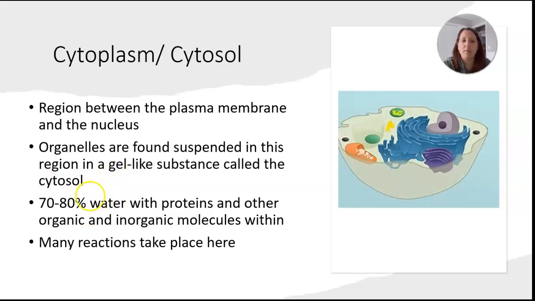Okay. If we were to look in the cytoplasm, we would find that it's comprised of about 70 to 80% water. And there will also be proteins and enzymes, organic and inorganic molecules within that cytoplasm. Lots of reactions will take place in the cytoplasm of the cell.